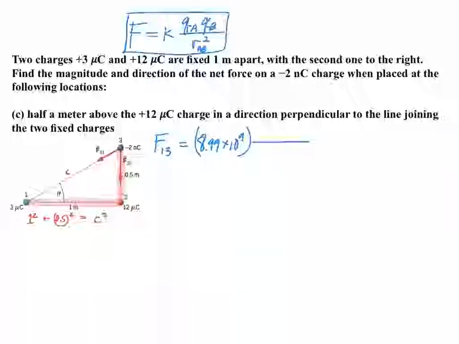So I don't have to unsquare it. Because if I solve for the length, I get like 1.12 or something, but then I'm just going to square it back in Coulomb's law. So I'm just going to use this number. So 1.25 equals c squared.